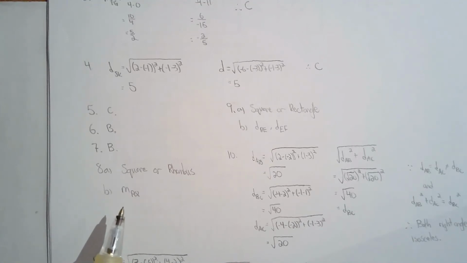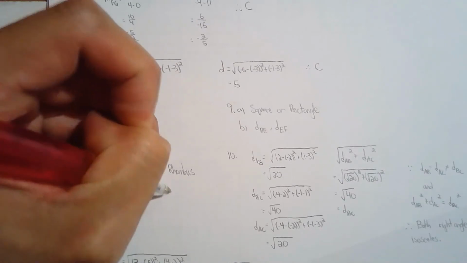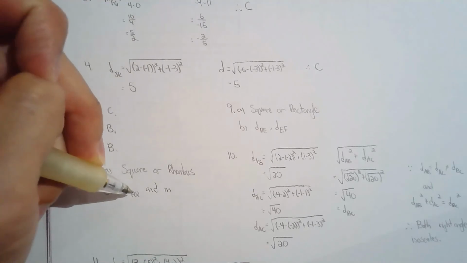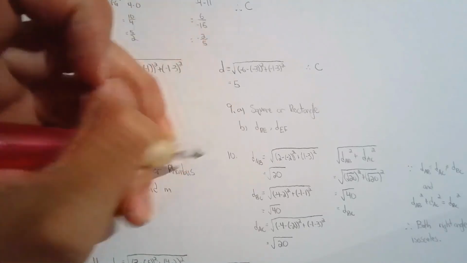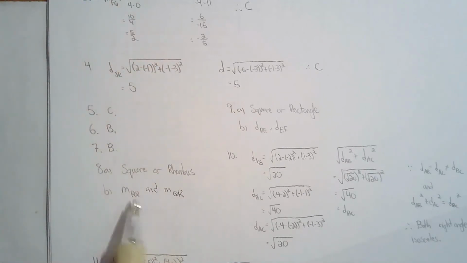So what other information is needed to determine exactly the type of quadrilateral? So slope of PQ, and let's do slope of what's adjacent to PQ. PQ would be QR. Okay, if I have these two slopes, I'll know if adjacent sides are perpendicular. I just check if they're negative reciprocals.